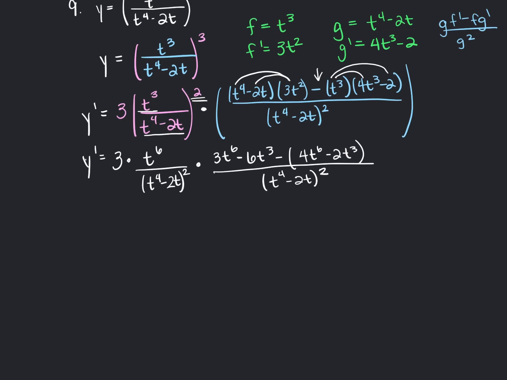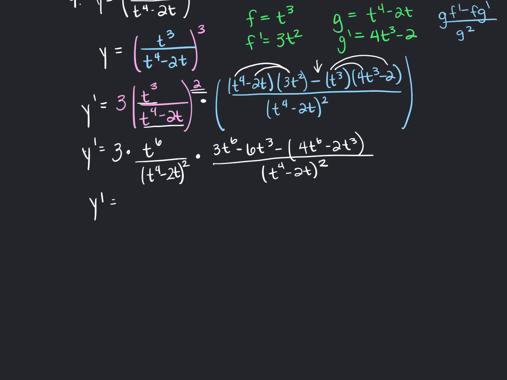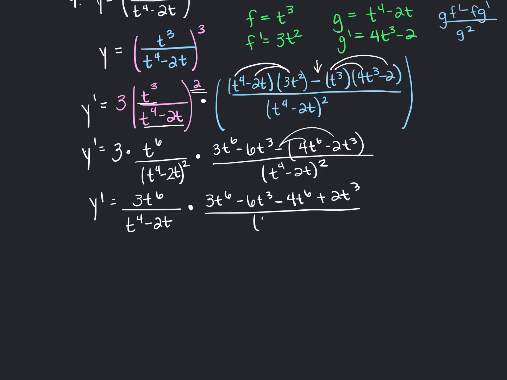Okay, so I'm still cleaning this up. So I have y prime equals, in the numerator of this first fraction, 3t to the sixth over t to the fourth minus 2t, times 3t to the sixth minus 6t cubed. I'm distributing the negative, so that's minus 4t to the sixth plus 2t cubed. And all of this is over t to the fourth minus 2t squared.